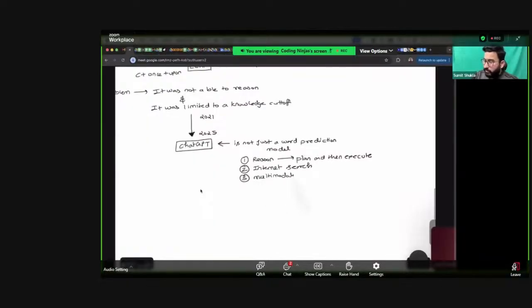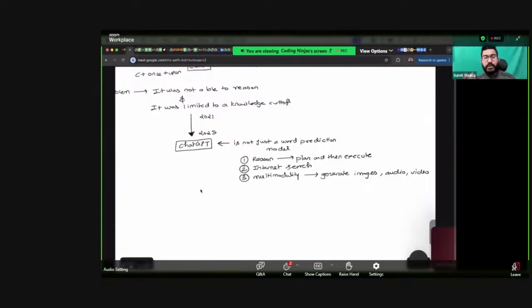What is the meaning of multimodality? Multimodality basically means it can not only generate text but can also generate images, audio, video. As of now, ChatGPT is limited to generating text and images.